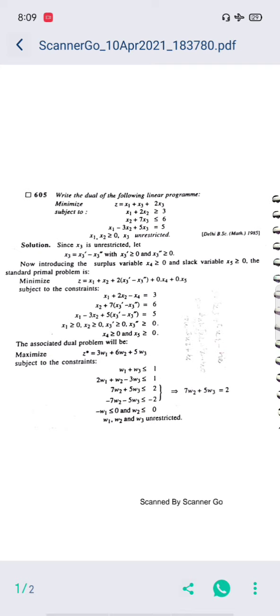Now look at the constraints. The first constraint is of the type greater than or equal to, the second constraint is of the type less than or equal to, and the third constraint is of the type equal to.